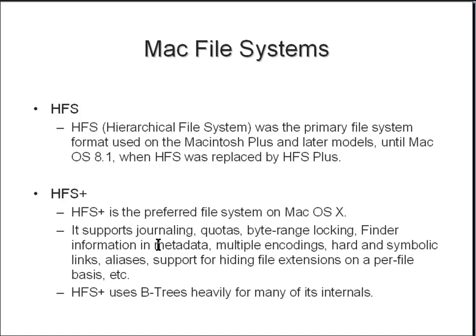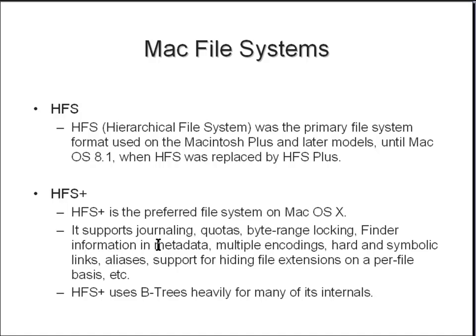Now let's talk a little bit about the Macintosh file systems. We're not going to talk about the older Macintosh file system, but we'll start with HFS, which came out with OS 8.1. It was a powerful operating system, but it has since been replaced by HFS Plus, which is the preferred file system on Mac OS X now. The reason is it provides a lot more resources for the developer and the user, including journaling.